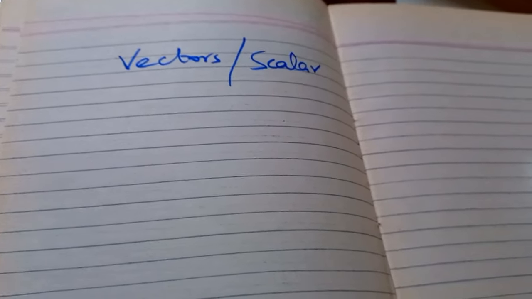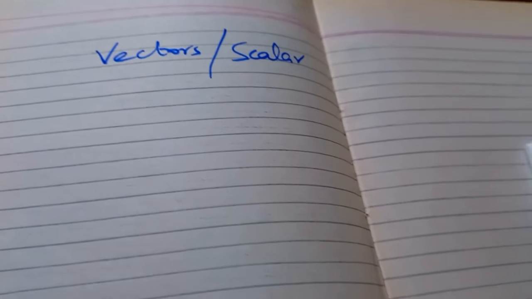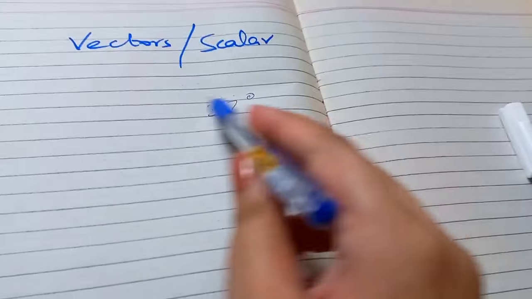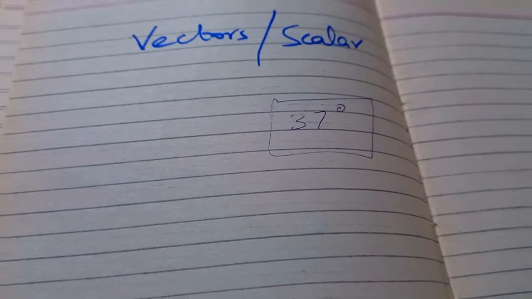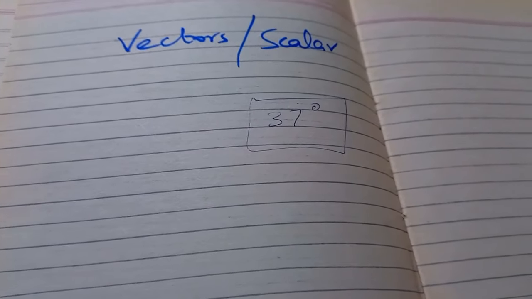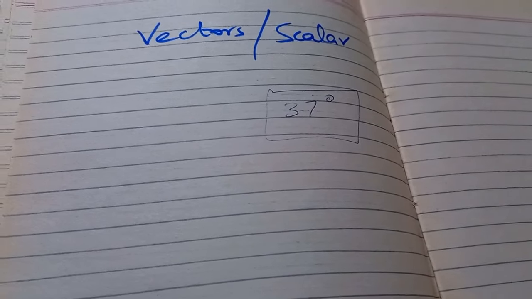Scalars are those physical quantities which only require magnitude for their complete description. For example, if we were asked what the temperature is nowadays, we'd say it's like 37 degrees, for example. This is the average temperature nowadays. To describe the temperature, you do not need to identify the direction you are talking about.